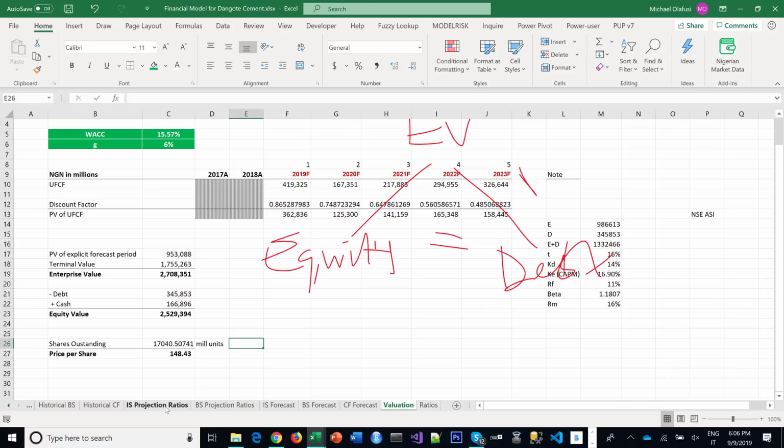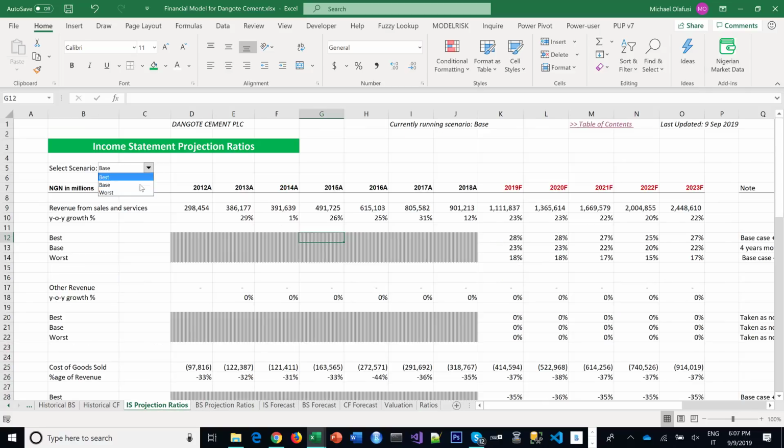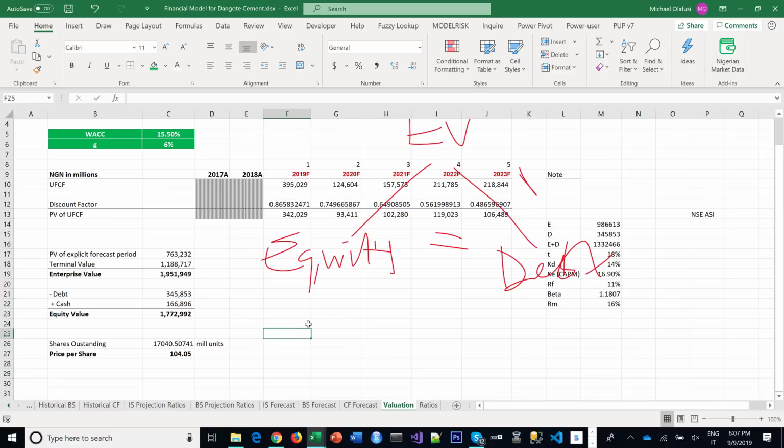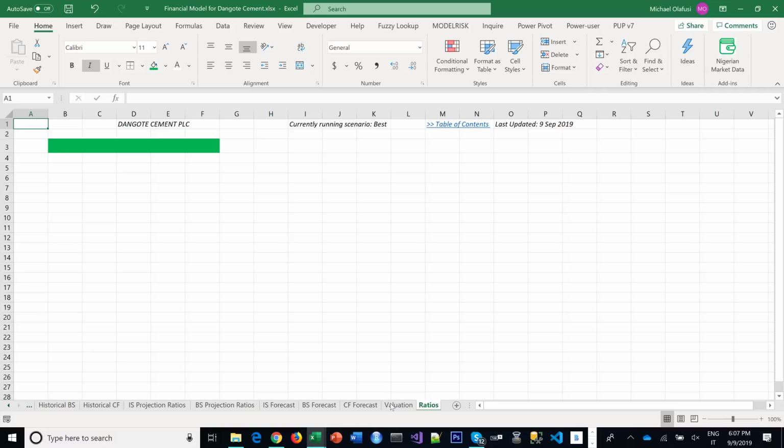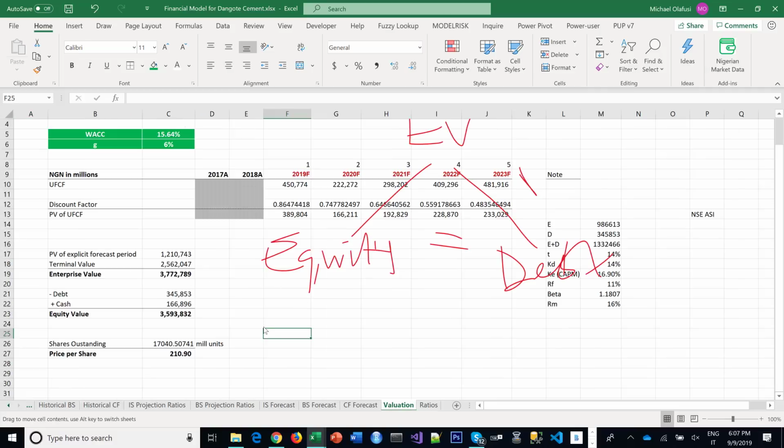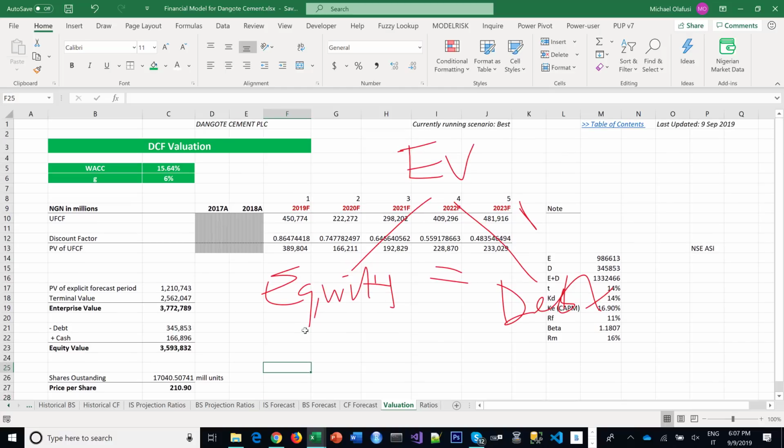If I go to the worst case, it has come to 104. If I go to the best case, it's 210. So every time you make a change, it feeds back into all of the forecast side.